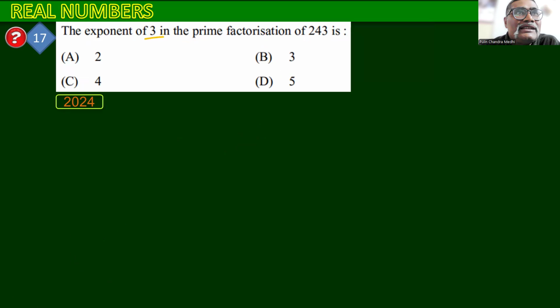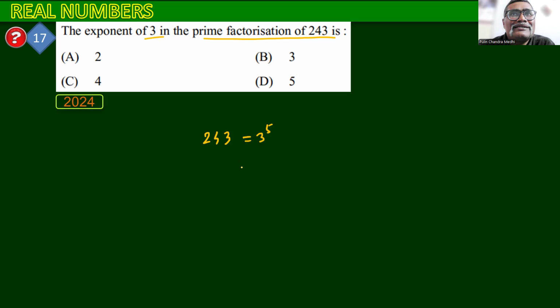The exponent of 3 in the prime factorization of 243. See here, actually, you know this, right? But sometimes, because of not understanding the question, you may not write the answer. Actually, they are asking you what? You have to do the factorization of this and write the power of 3. So 243, I think it is 3 to the power 5, right?